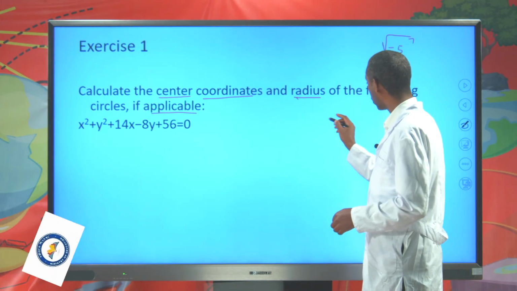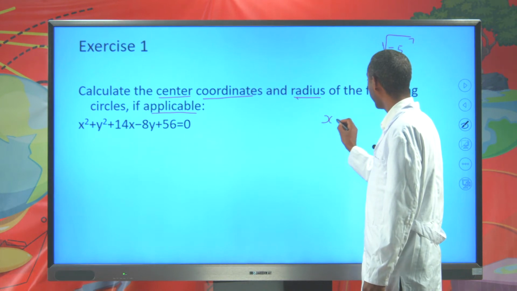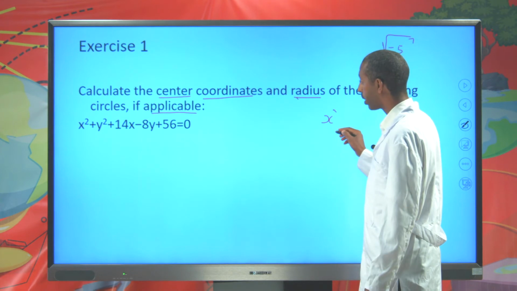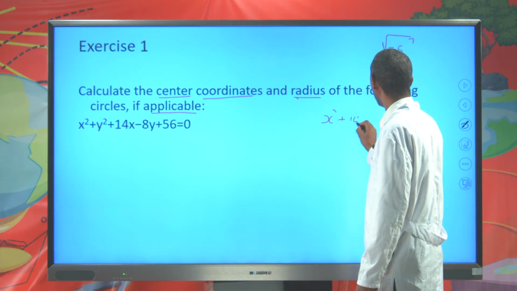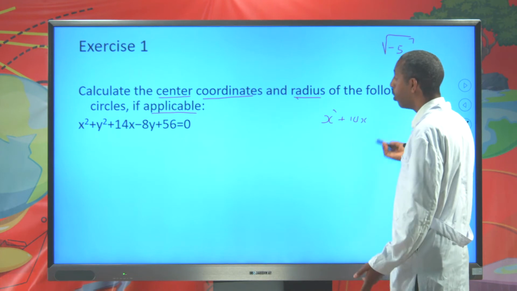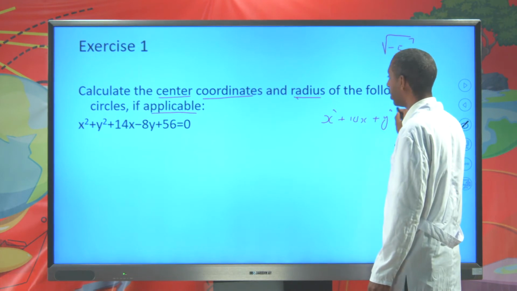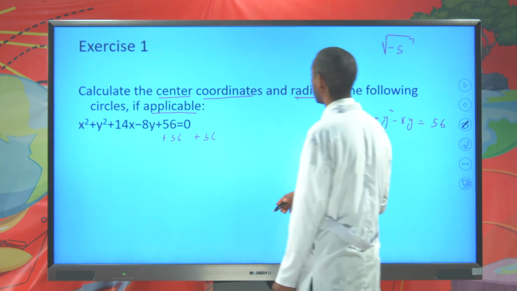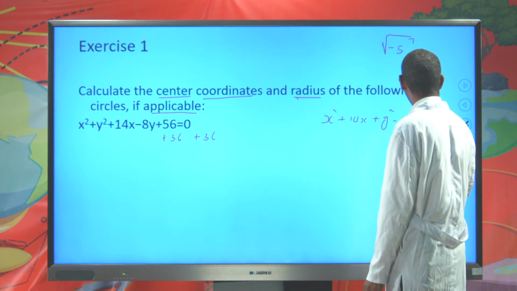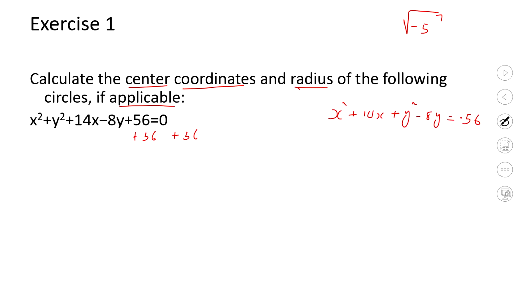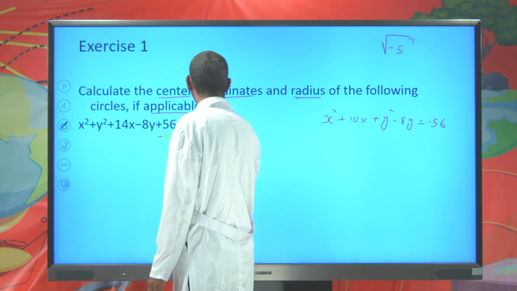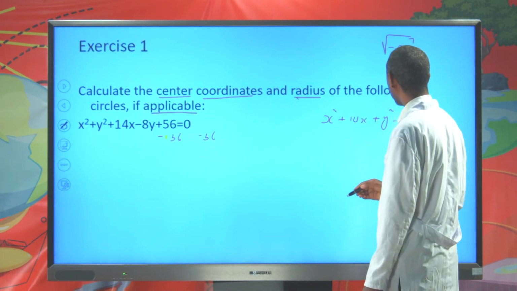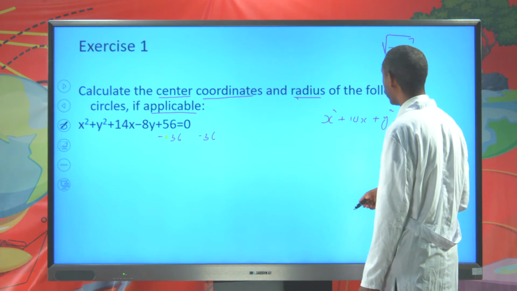So if I collect all the x's together, x² + 14x, then all the y's together, y² - 8y, and subtract 56 on both sides, this would be negative 56.